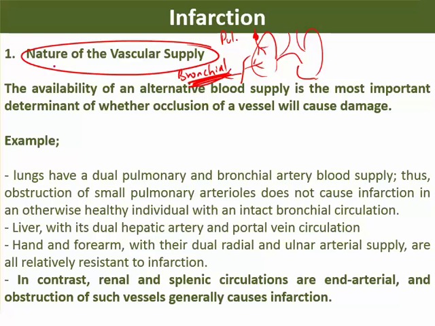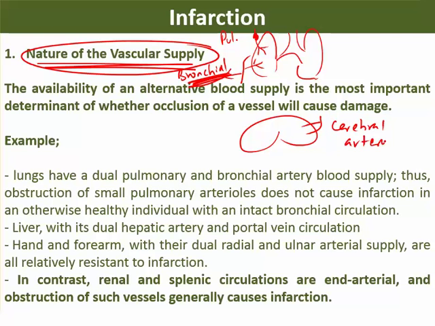So the nature of blood supply to an organ determines whether the organ can go for infarction or not. If the organ, for example the brain, has supply by the cerebral artery, and the cerebral artery is occluded, then the brain doesn't have another blood supply, and immediately they go for necrosis.